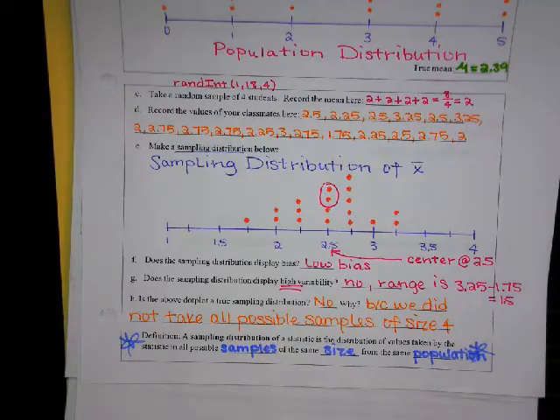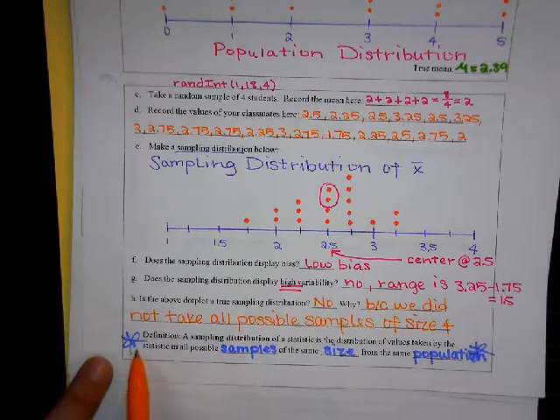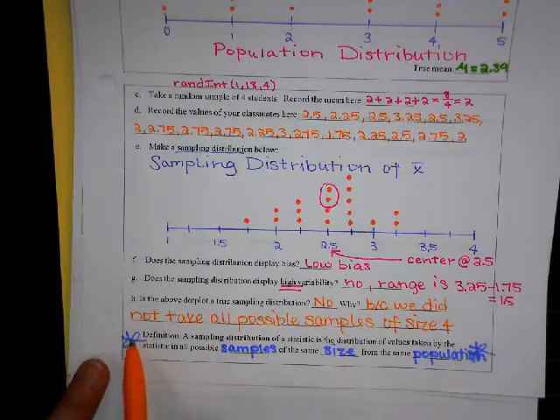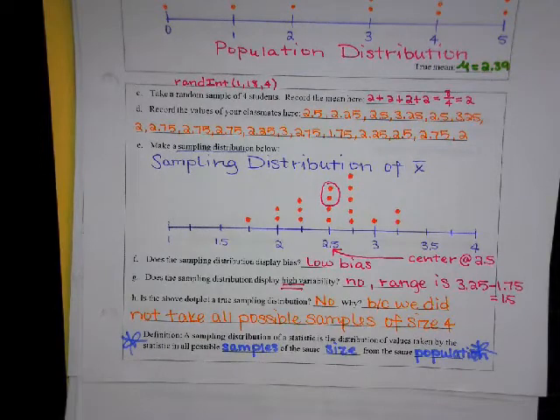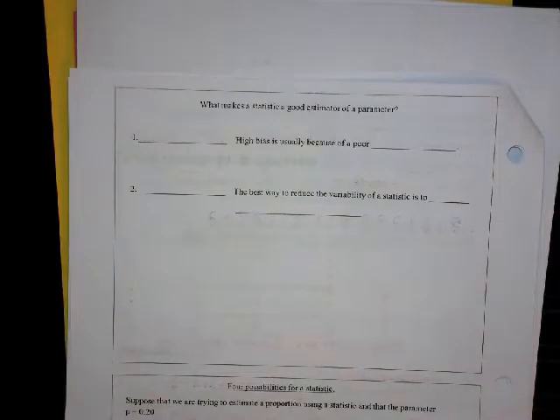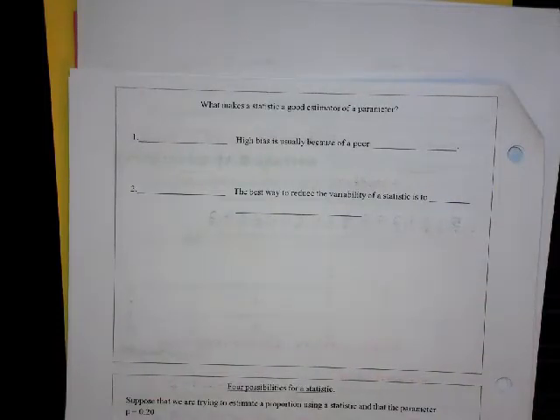I heard a lot of papers turn, so I'm assuming we're all good. So, we talked about this at the end of class last time. What makes a statistic a good estimator of a parameter? Two things. What are they? Low bias.